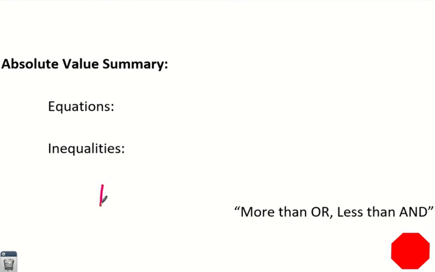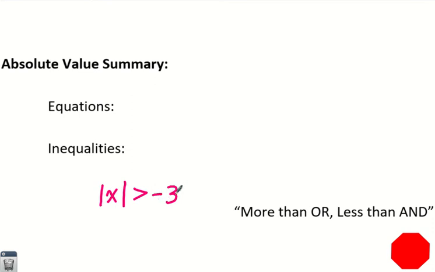I'll just give you a couple simple examples. What if you had something like that? The absolute value of x is greater than negative 3? Wouldn't that be always true? Wouldn't that be any real number you plug in for x? The absolute value of it would be greater than negative 3.